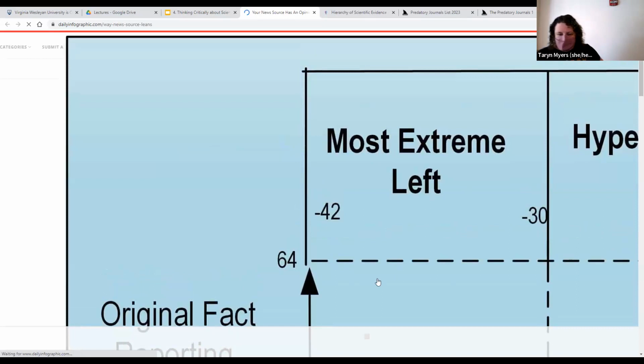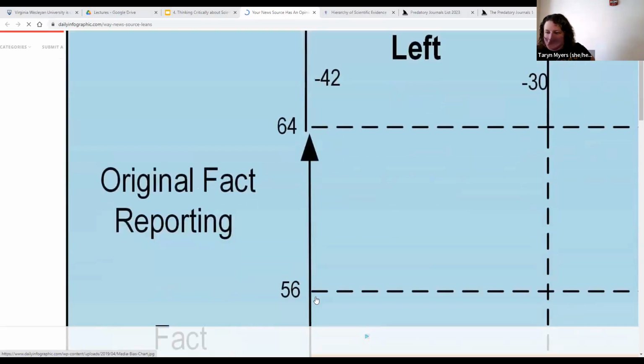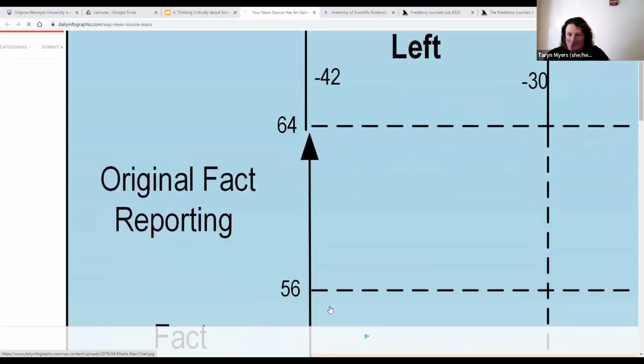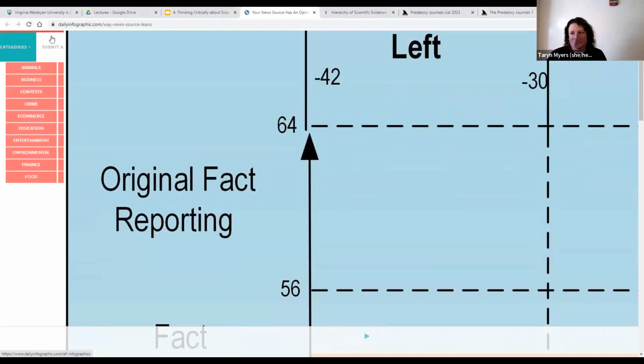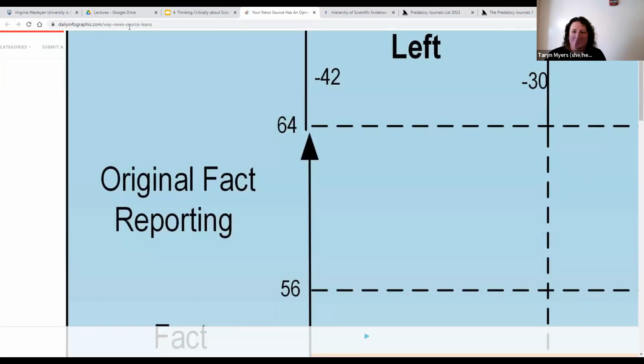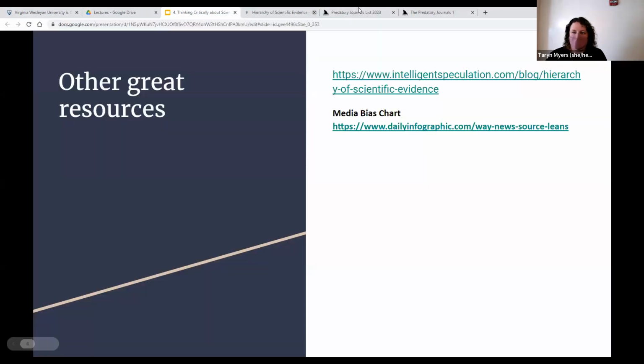But what they do is they take all these different news media outlets and they look at them. Let me go back real quick here. I'm going to try to reopen this because it zoomed in and won't let me zoom out now.